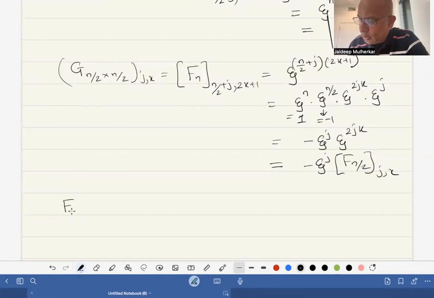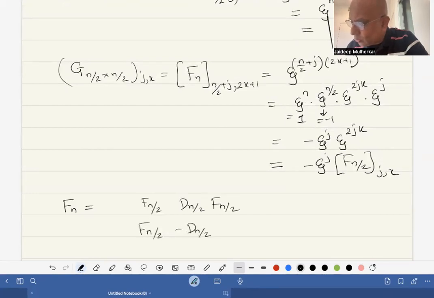So Fn is equal to Fn over 2, Dn over 2 Fn over 2, Fn over 2, minus Dn over 2 Fn over 2, where Dn over 2 is equal to diagonal of 1, eta, and then eta to the n over 2 minus 1.